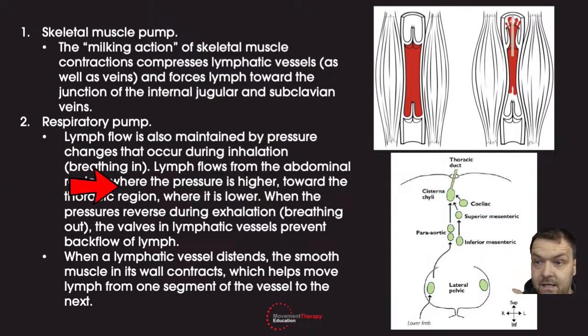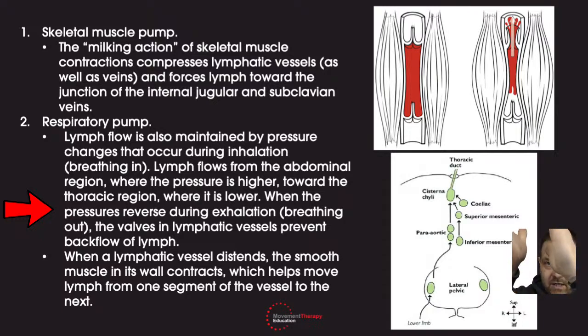The lymph flows from the abdominal region, where the pressure is higher, towards the thoracic region, where it's lower. When the pressure reverses during exhalation, the valves in lymphatic vessels prevent the backflow of lymph. So you get it pushed up, the valves close, the lymph stays where it is, then you take another breath in, breath out, it gets pushed up, and it gets shunted along each time.